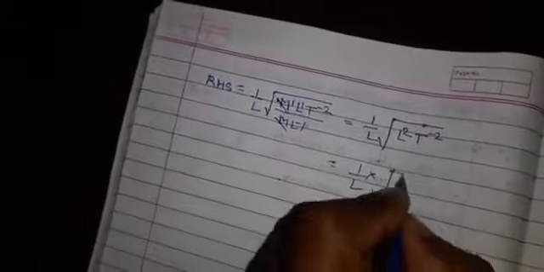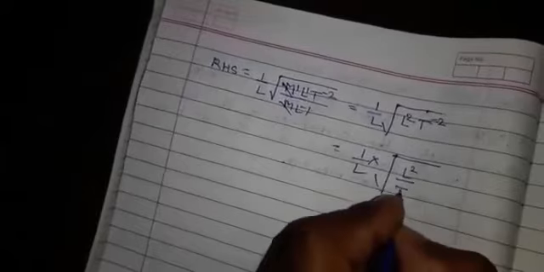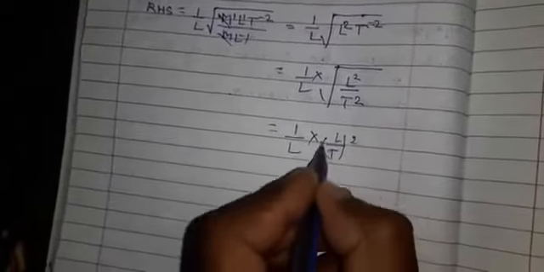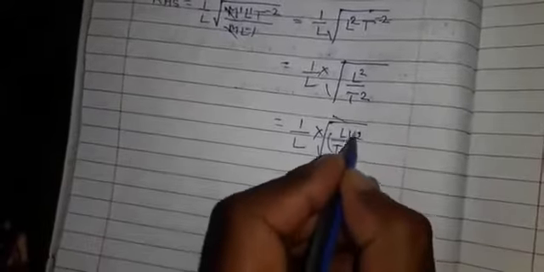If I write the power T minus 2 as positive, then L square upon T square. So 1 by L into, if we solve, L by T, and the power is square and this is the root, so the root cancels this power, and it becomes 1 by L into L by T. So L cancels, and 1 by T, or we can write T inverse.